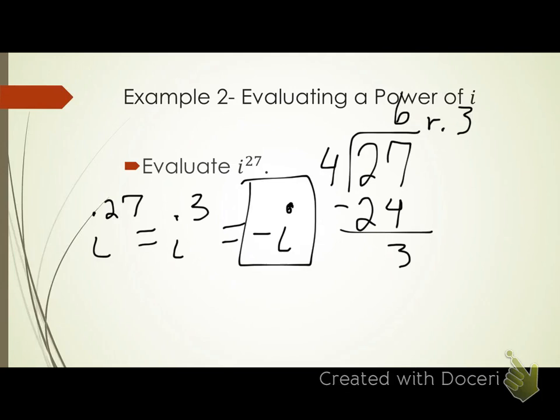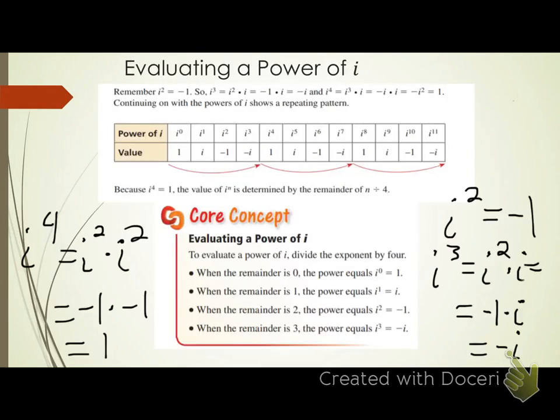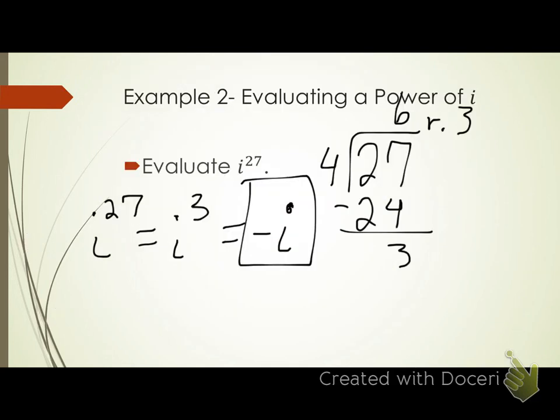We took our exponent, 27, and divided it by 4, just like it told me to do. To evaluate a power of i, divide the exponent by 4. So I took my exponent, 27, divided it by 4. 4 times 6 gives me 24, because 4 goes into 27 6 times.